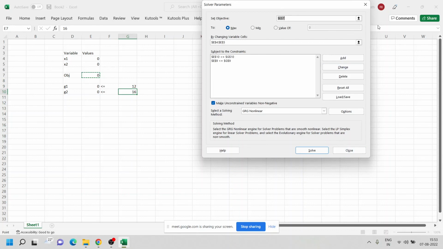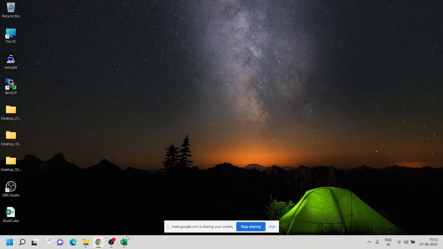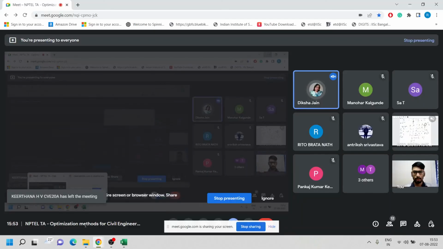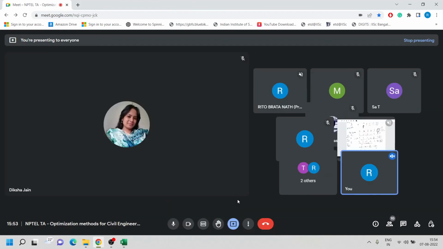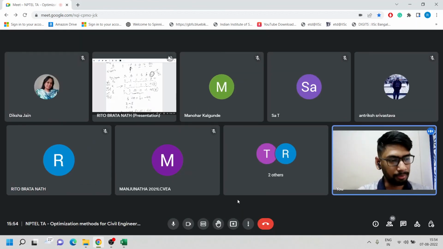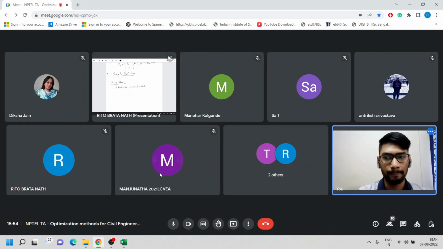But if it's not visible, then it's a problem. It's the same trick: one by one you add those constraints, and you tell your solver to solve by simplex method, and it will give you the solution. That's all. I'm having a lot of trouble with internet and running out of time as well, so I have to stop in 2, 3 minutes anyway.